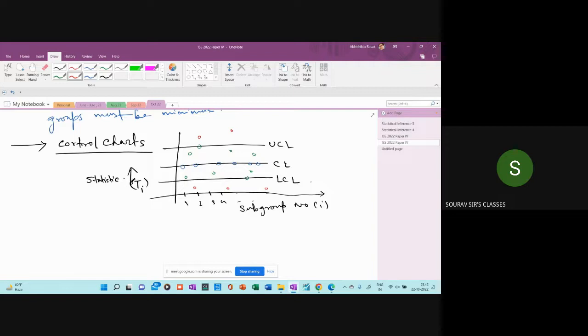So this is what I have told you in brief, and you have to write it in detail. As long as the points fall inside the band, the process is under control.